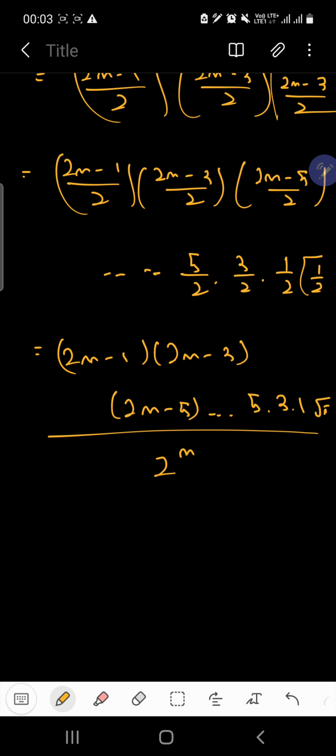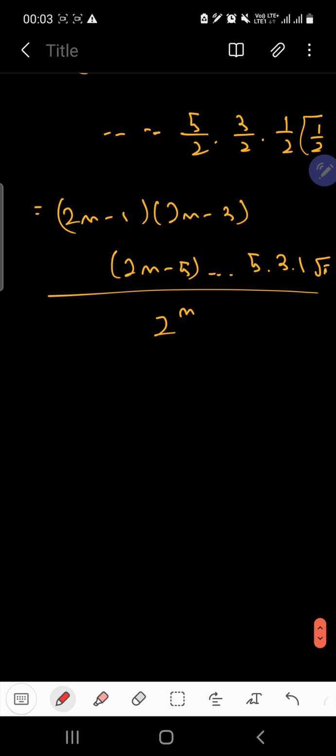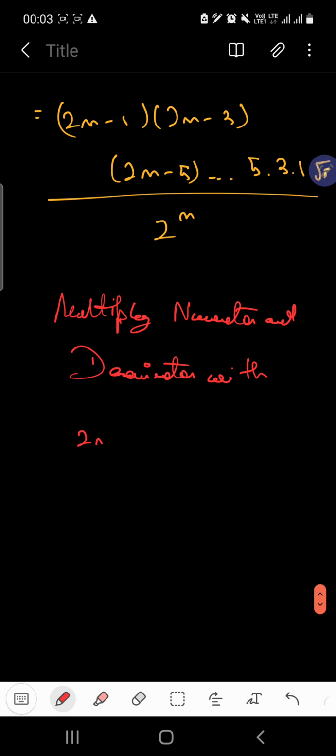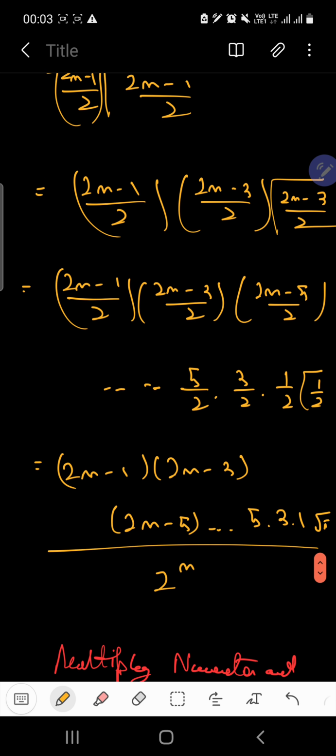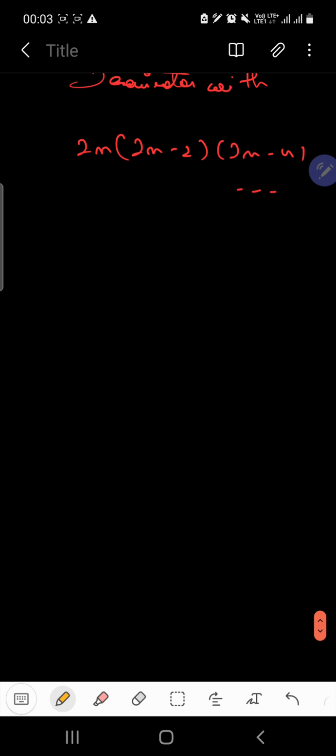Now what we do is multiply numerator and denominator with 2n times 2n minus 2 times 2n minus 4 and so on. You can assume one more thing I forgot to tell you: n belongs to positive integers. Clear? n belongs to positive integers.